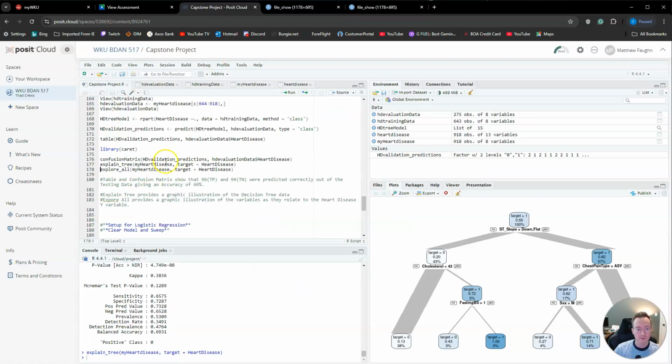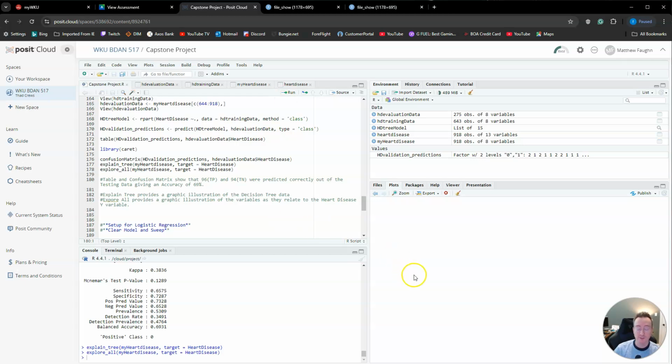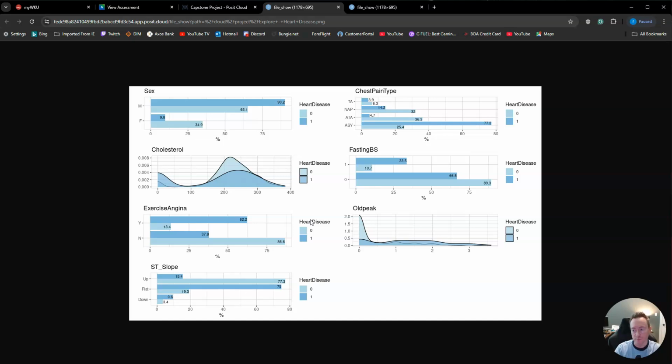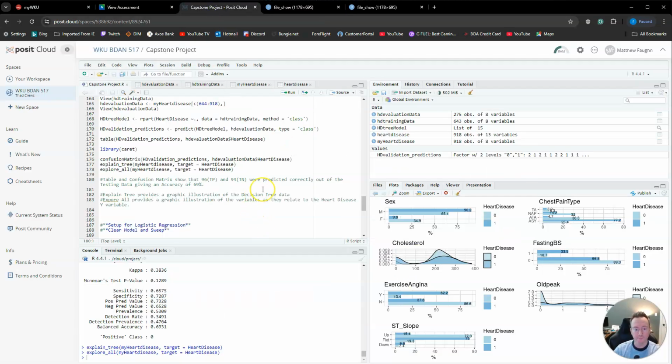And then I did also do the explore function, which again puts another illustration on the data and shows it either histogram or bar chart, or kind of the flow chart here for cholesterol based on the results, which gives an interesting view how heart disease, either yes or no, affects each one of these variables and how significantly they affect our Y.